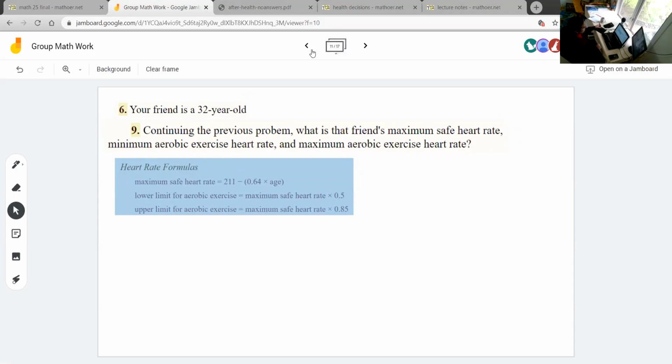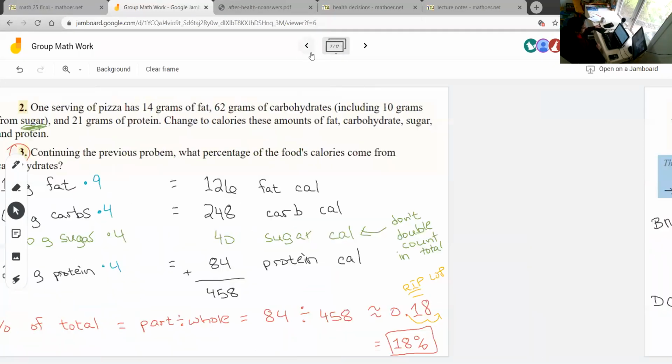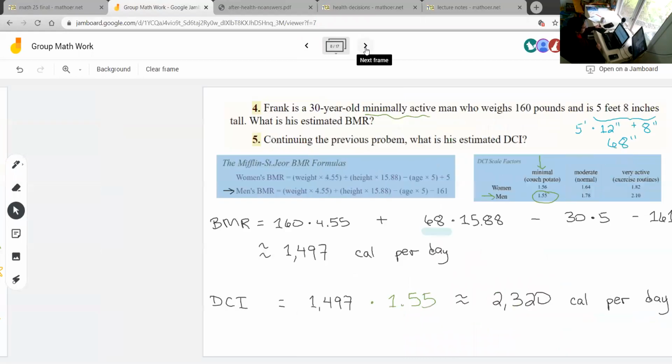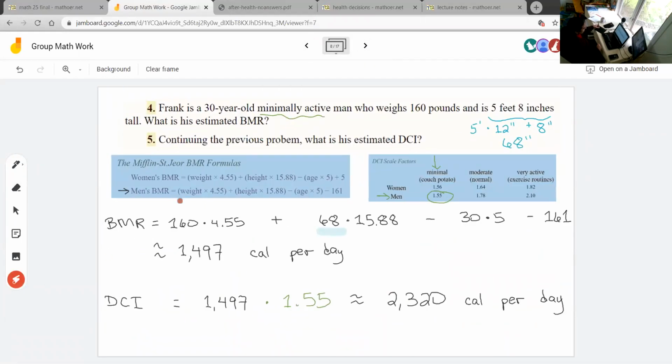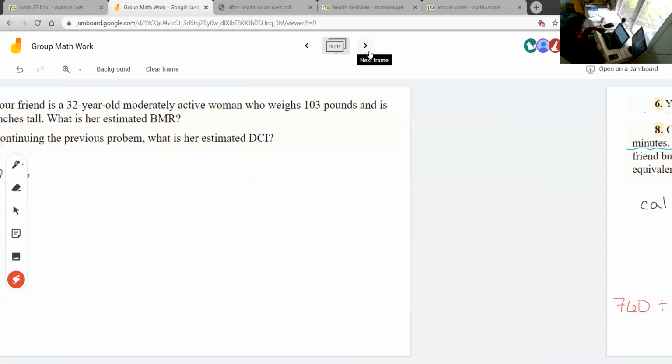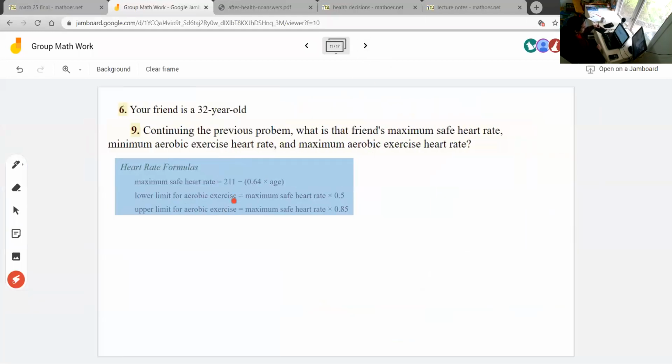We mentioned earlier, Donna's good point, that the weight you also use in your exercising, like we just did. The height had no extra kind of problem. It was only in BMR. The age is also for the heart rate. So when I get a heart rate problem, then I need that person's age, but I've left out their weight.